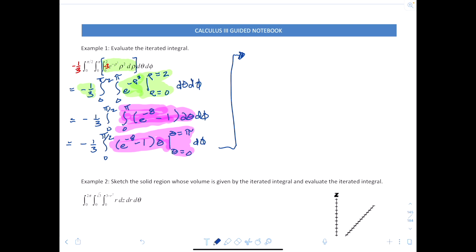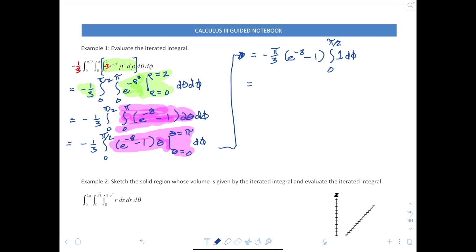And then we will have a multiplier of pi. So why don't we write it like this? We've got negative pi over 3, and then e to the negative 8 minus 1, and then we've just got our integral from 0 to pi over 2. If you want, you can write a 1, you don't need to, d phi.